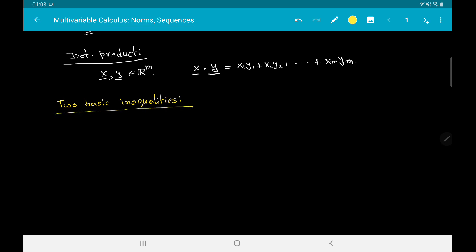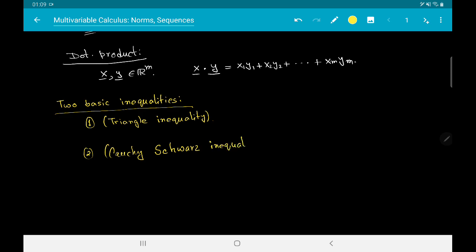The first one is called the triangle inequality, and the second one is called the Cauchy-Schwarz inequality. What do they give us?